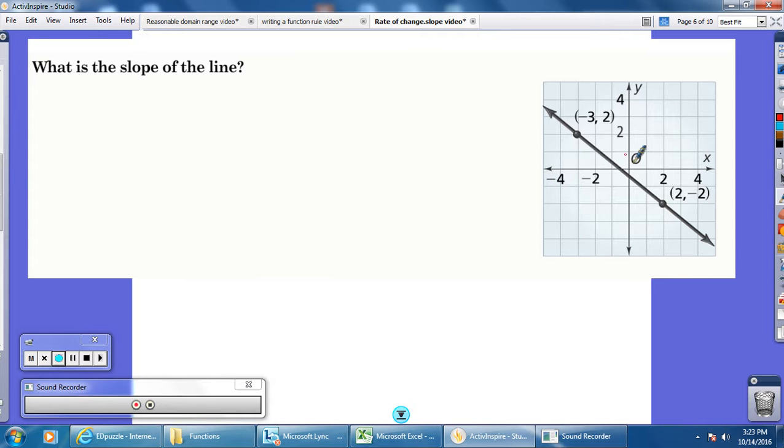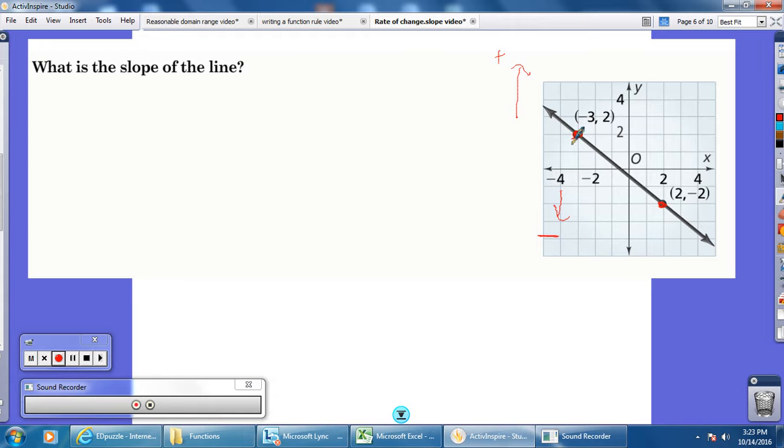What is the slope of this line? Again, you can make a table, right? Instead, I'm going to find my 2 points and I'm going to rise, or you can start here and you can fall. But remember, if you fall this way, you're going negative. You're falling down, that's negative. You're rising up, that's positive. So let's do it from here to here.